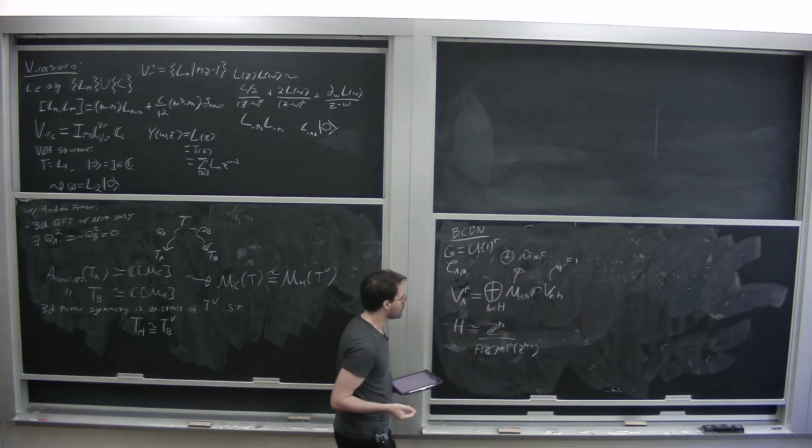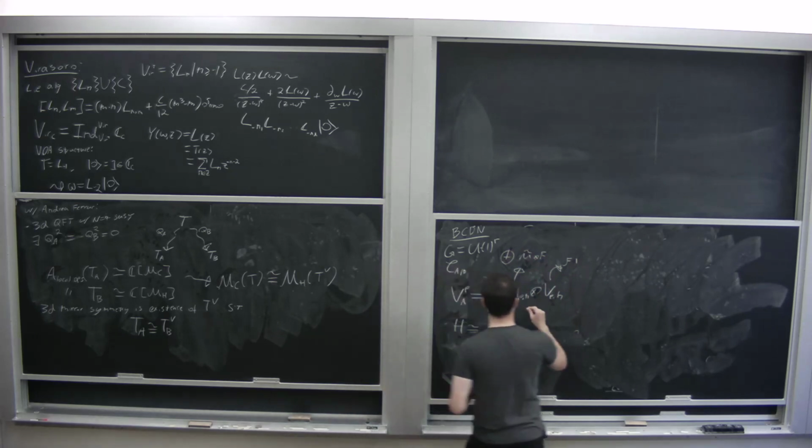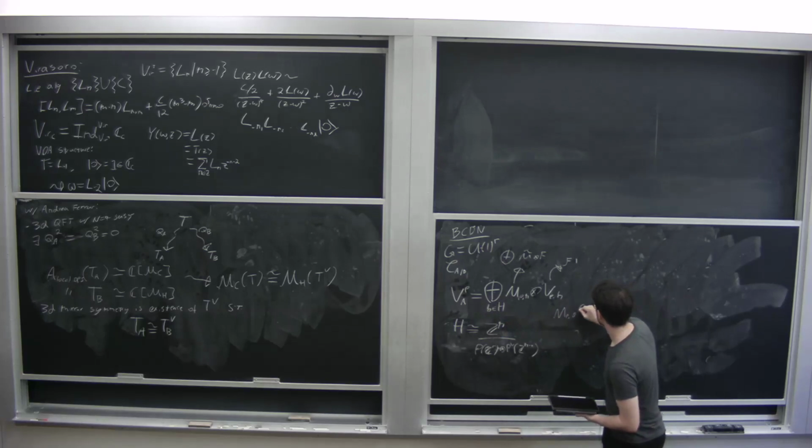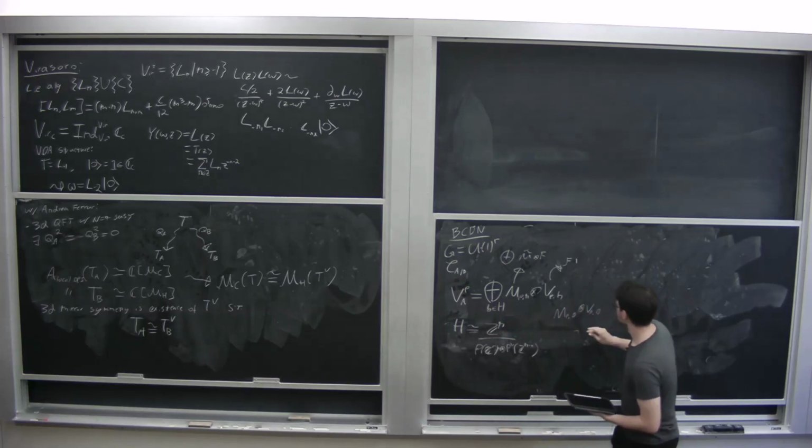What we'll note is that if I take the identity guy of this, I get something which I could call M rho 0 tensor M rho 0.